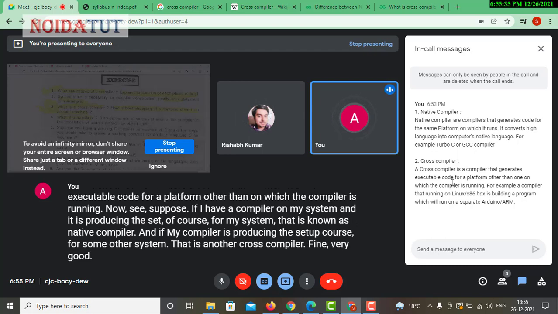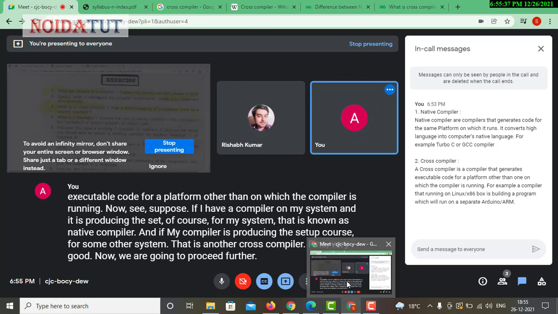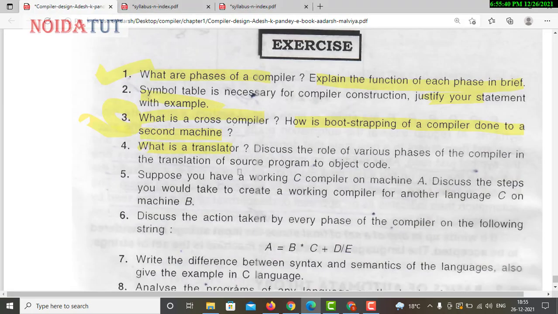Now we are going to proceed further. We have already seen cross compiler, bootstrapping, translator, and the role of various phases of the compiler. Then suppose you have a working C compiler on machine A. Discuss the steps you would take to create a working compiler for another language.